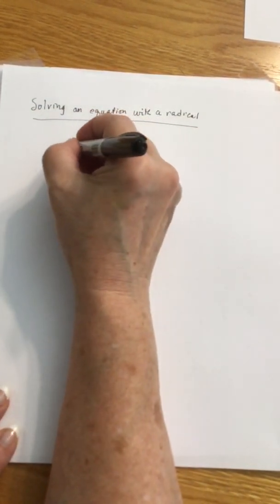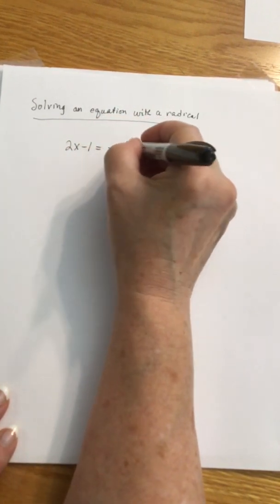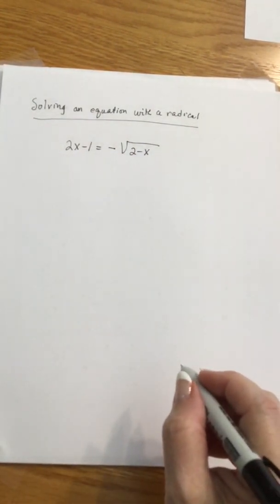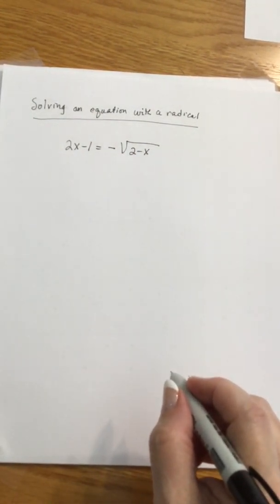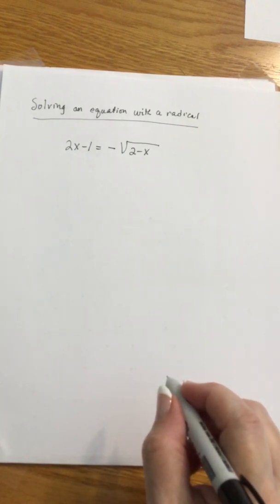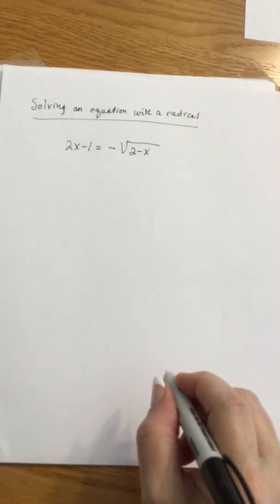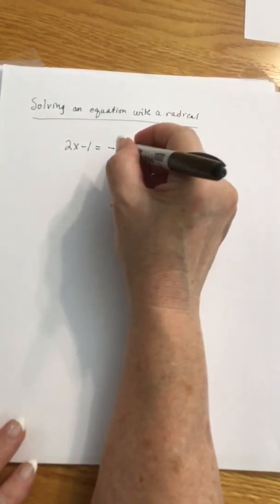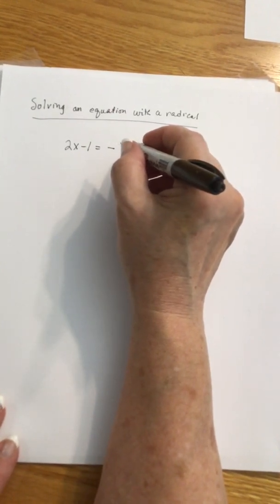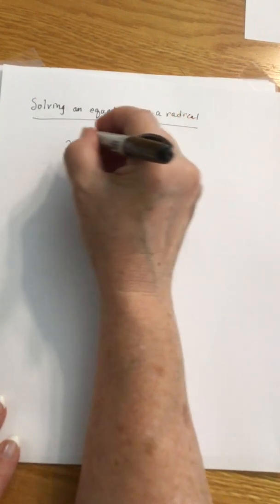So we have 2x minus 1 equals negative square root of 2 minus x. So the radical, we want to get rid of the radical on both sides. So this one's going to give us negative. So when we square both sides, negative times negative is to become positive anyway. So we're going to square both sides.